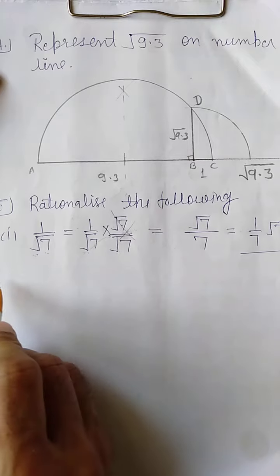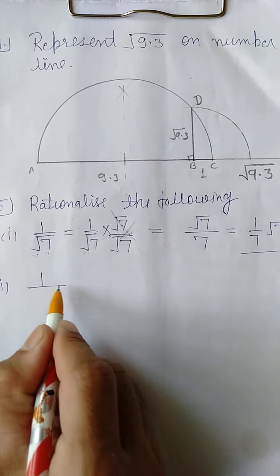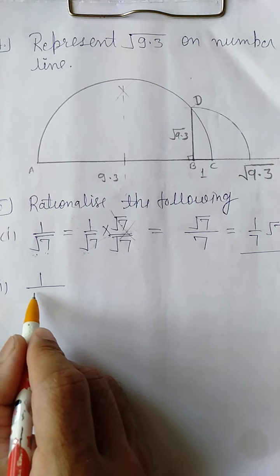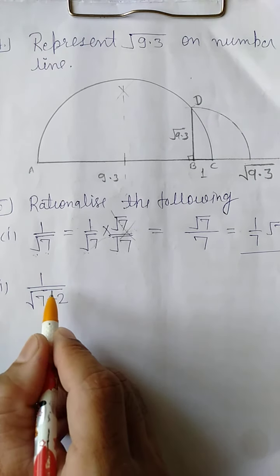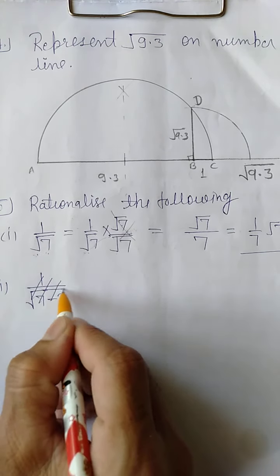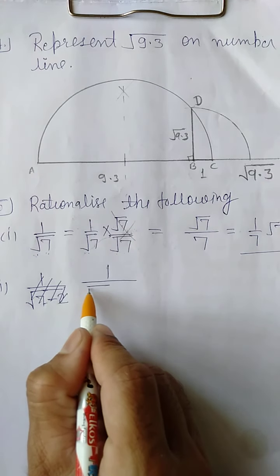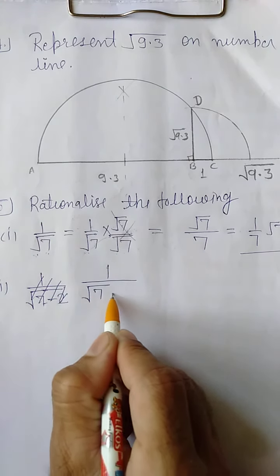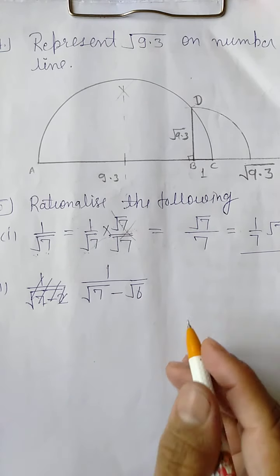Okay. Second question. How to rationalize? 1 upon root 7 minus root 6. This one is given.